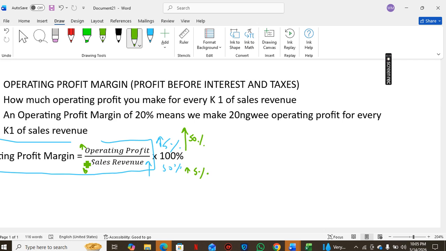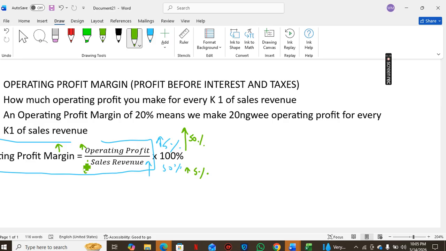So if the sales revenue drops greater than the increase in operating profit, the ratio will actually increase. Okay. When this denominator drops, this ratio actually increases. Okay. So sometimes these ratios can also be misleading. That's why you need to do a deep investigation.